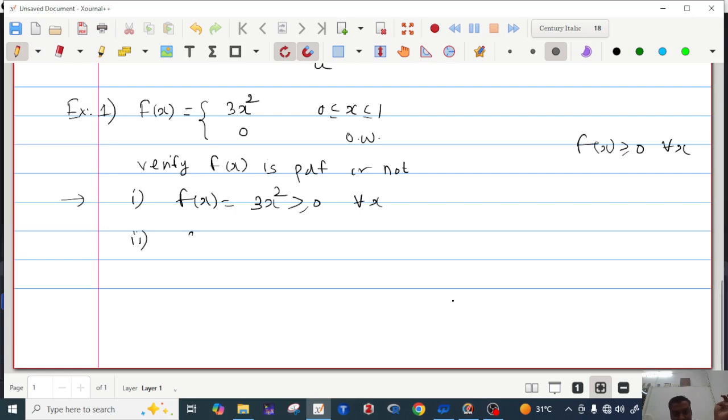What is the second condition? Take the integration from minus infinity to infinity and solve this. The lower limit is 0, the upper limit is 1, of 3x square dx.